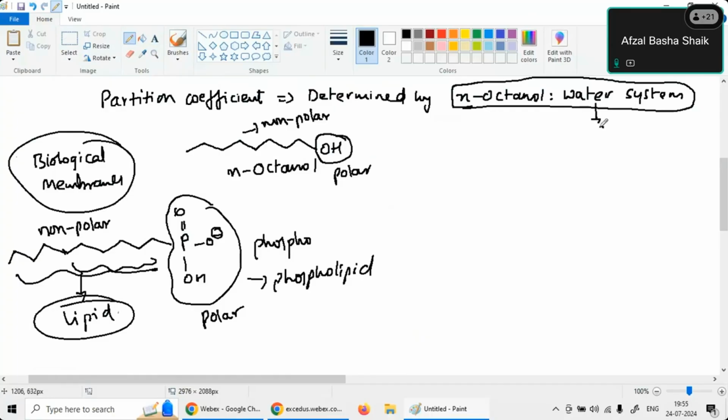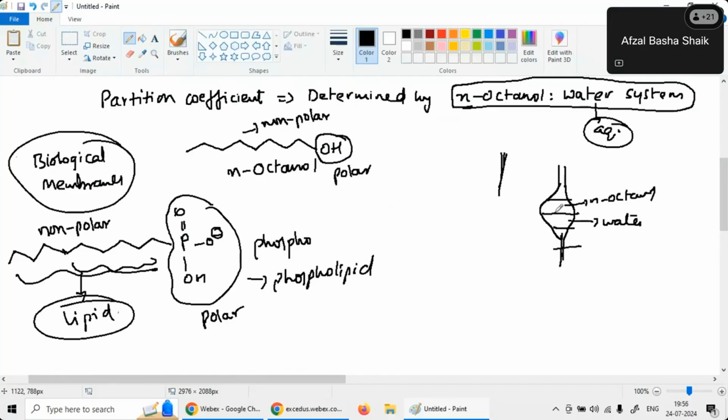And the other one is the aqueous portion. So what will we do? We'll take a separating funnel. In the separating funnel, we will add n-octanol and water, and we'll add the drug molecule. It will be distributed between these two phases, right?